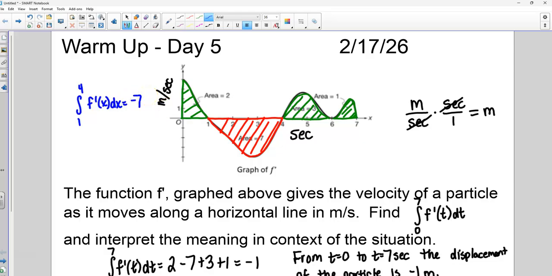Now if I switch it, if I make this 4 to 1, f prime of x dx, then I would get +7.